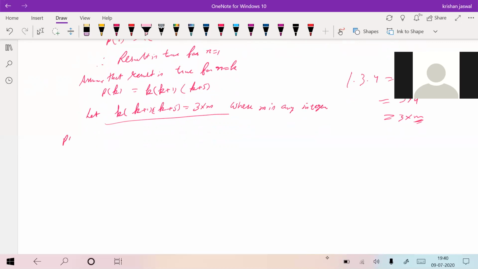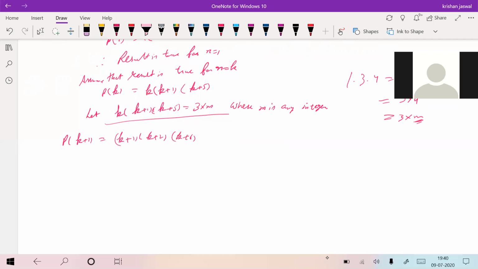Now Pk plus 1 is equal to k plus 1 into k plus 1 plus 1, that is k plus 2, into k plus 1 plus 5, that is k plus 6.